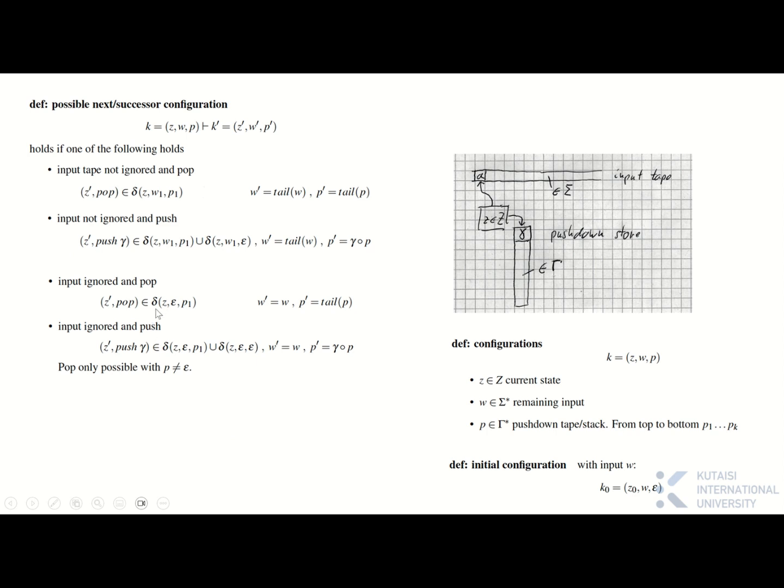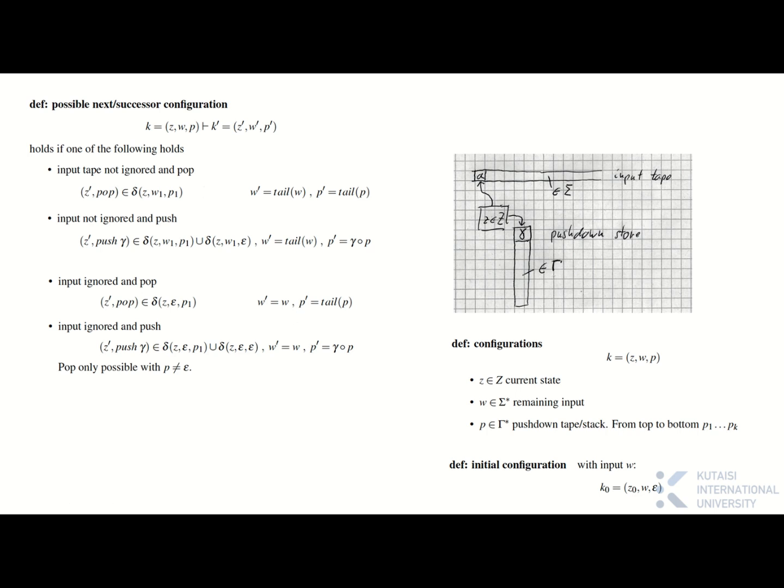Now look, this one ignored the stack, but what if I ignore what's written up there? Let's say my pop: if I'm in state Z, I do not look at the word whatsoever, but I only look at the stack. That means I read epsilon up there. If this guy contains pop, that means the word will stay the same. This is very important. You're not advancing.